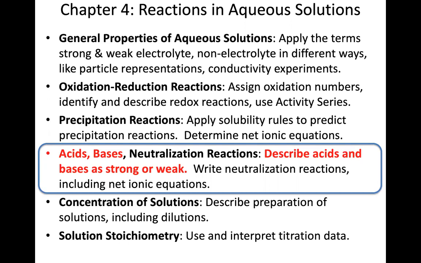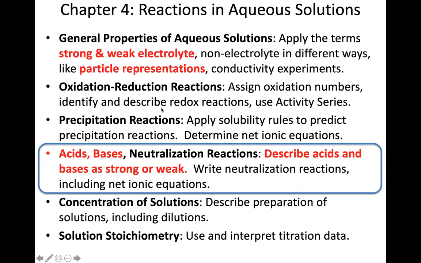Moving on to one that was within the pre-class video, that was one topic involving acids and bases. So one thing we want to be able to do is describe acids and bases as being strong or weak. These terms strong or weak connect right back to the kinds of electrolytes that we were talking about last time. Last time we talked about things being strong electrolytes or non-electrolytes, but we didn't have examples for weak ones.